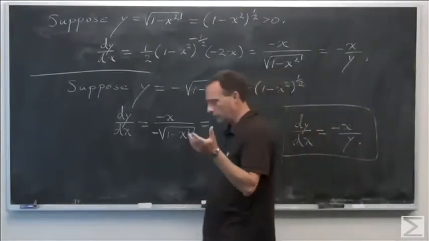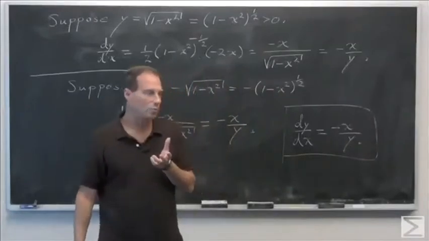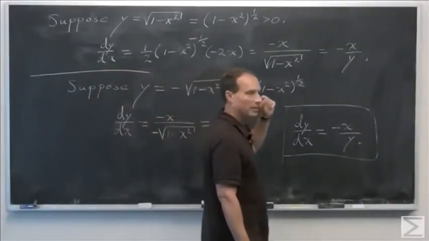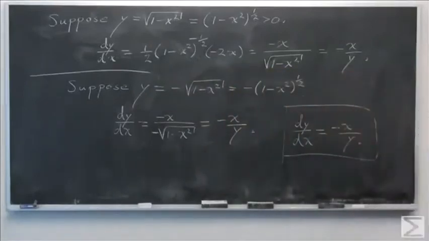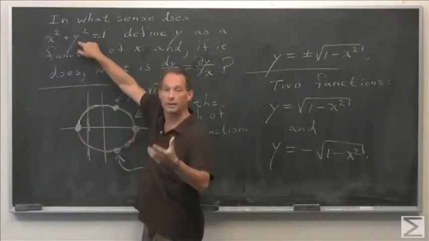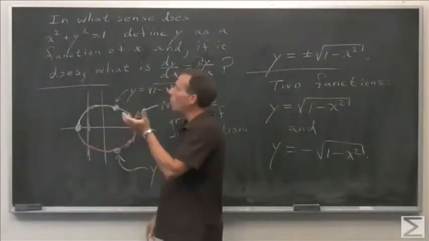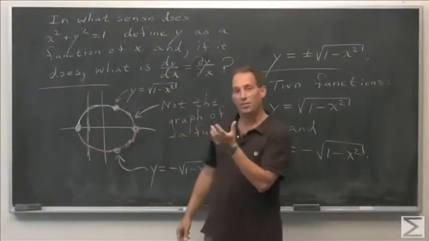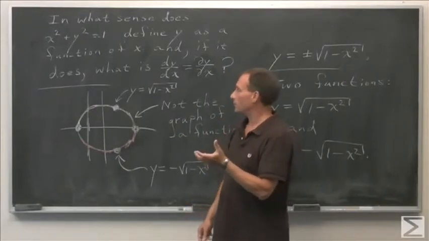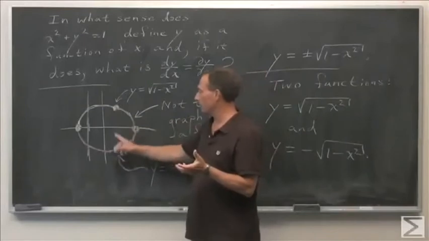So this is the kind of thing we're after more generally. We would like to know, when does an equation of the form some function of any number of variables equals a constant, when can we, at least in theory, solve for one of the variables in terms of the other variables, at least near certain points?